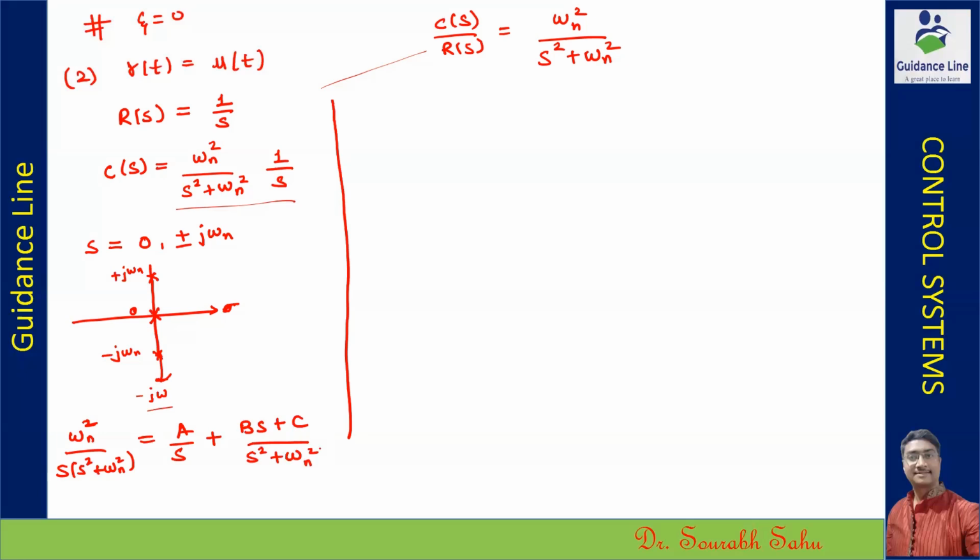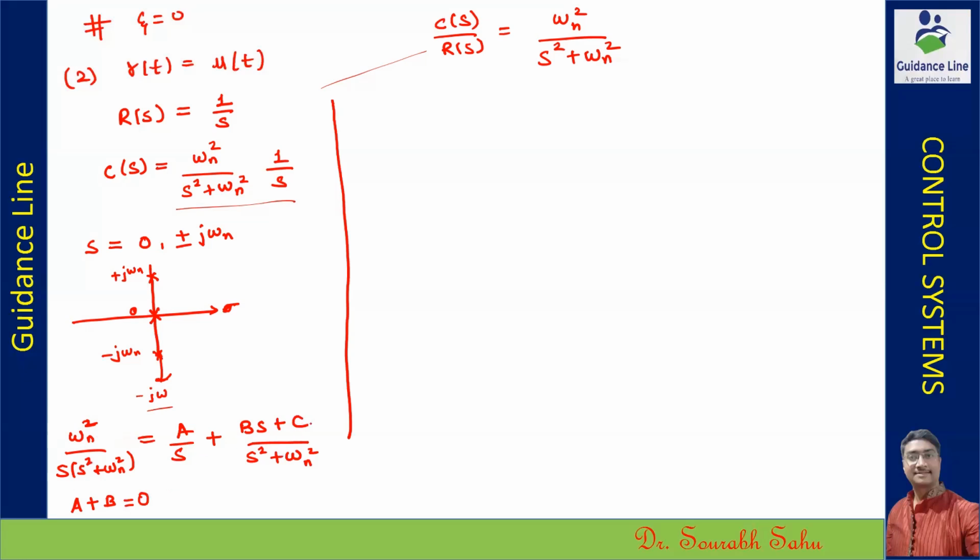If I multiply through, we have Bs square plus Cs, and A multiplied with this expression. If I compare the s square coefficient, we do not have any s square term in the numerator, so A plus B equals 0.